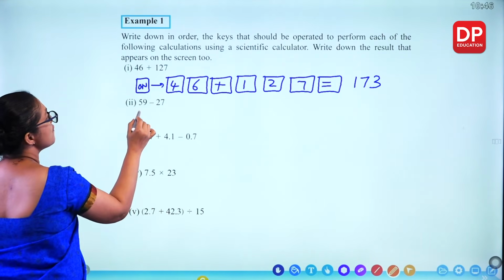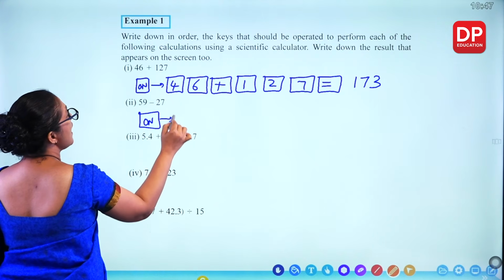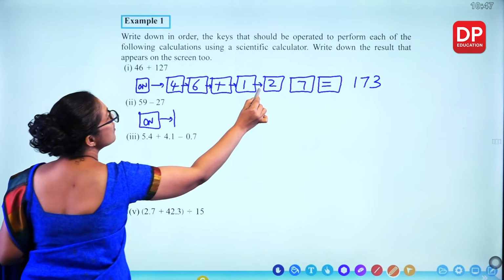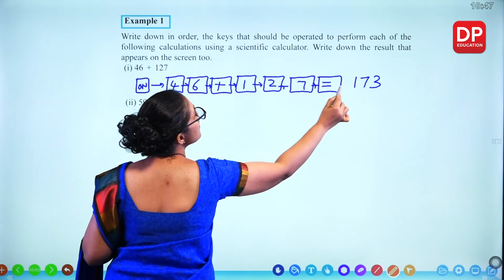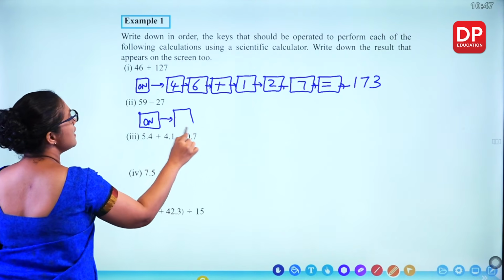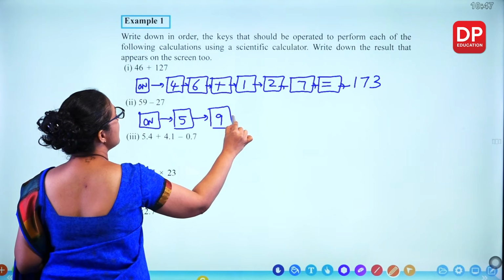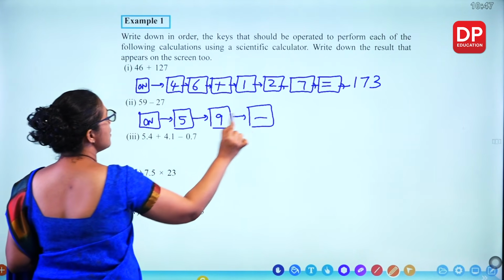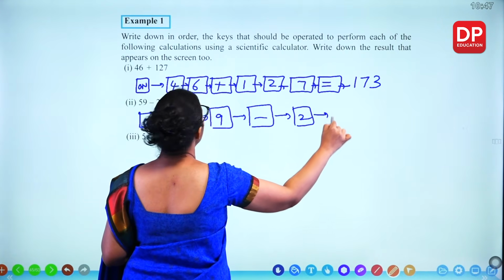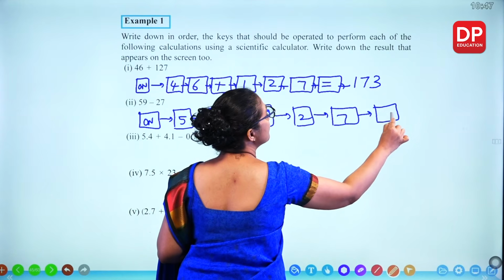This one, 59 minus 27. First switch on the calculator, then enter the number 5, 9, then subtraction, use this symbol, 2, 7 and then the equal sign.